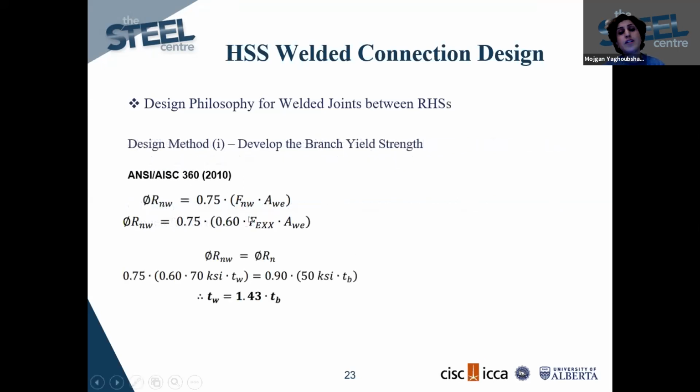So if we run the numbers using the first design philosophy, let's say with AISC 360, the weld thickness that we require to design this connection would be 1.43 times the branch thickness.